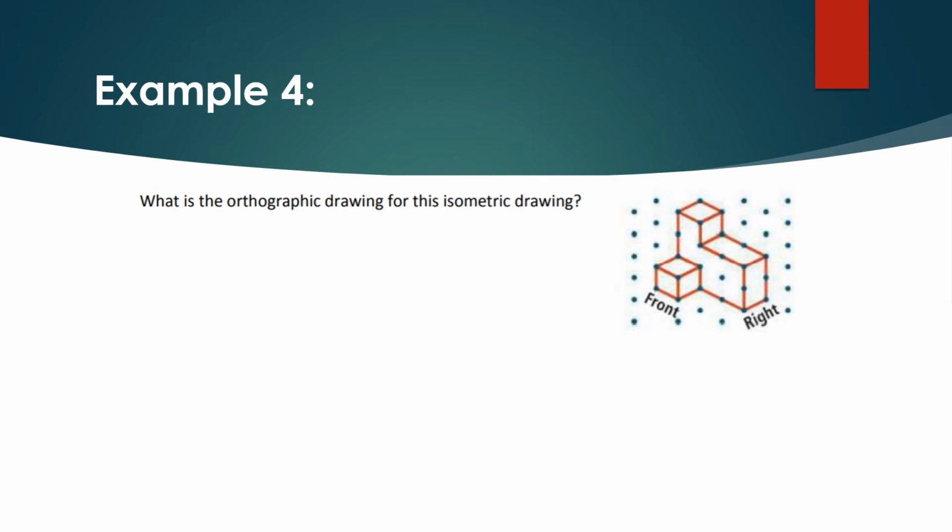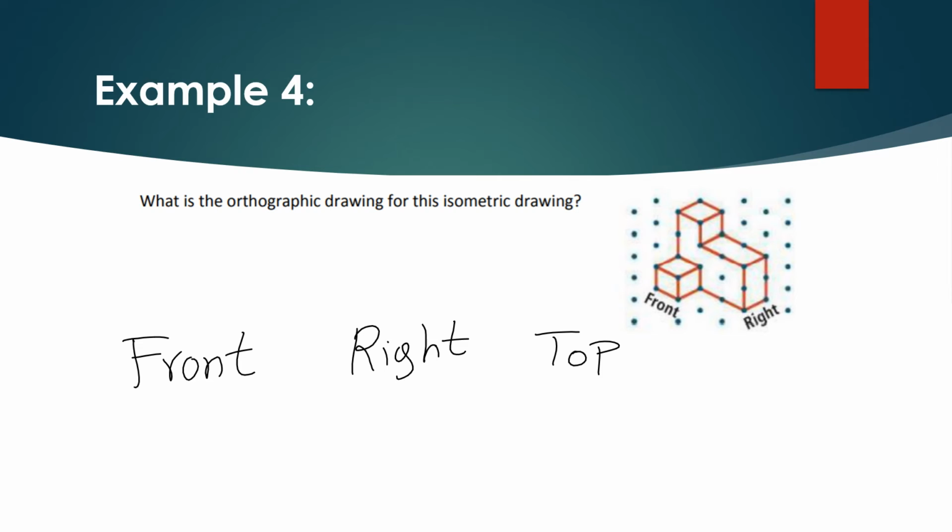In example 4, they want us to draw the orthographic drawing for this isometric drawing. So that means I need to draw the front, I need to draw the right, and I need to draw the top. So I'm going to take my three-dimensional figure and I'm just going to color in the front.